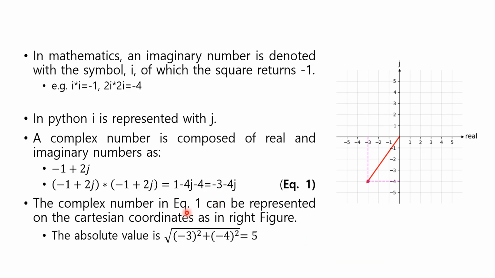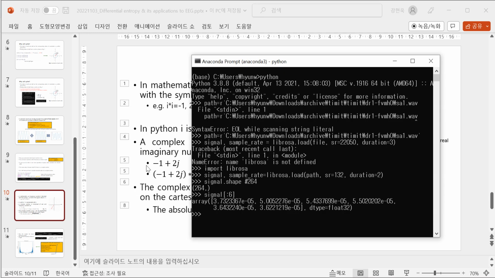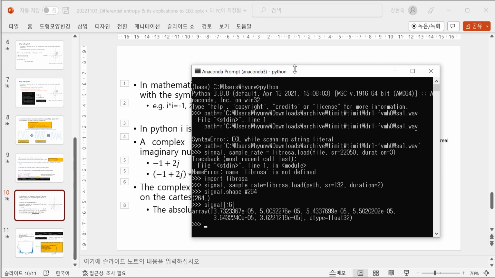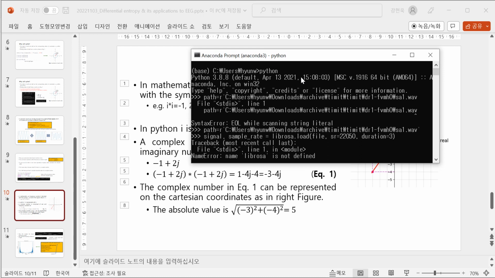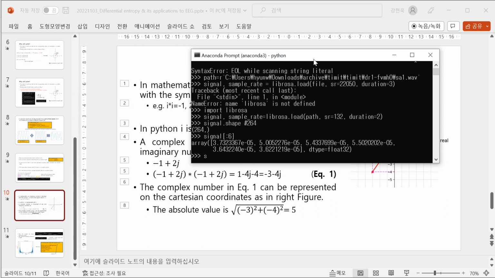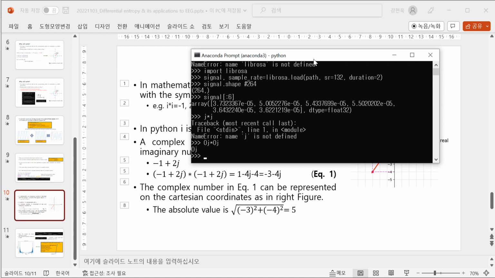As I said, in Python a complex number is represented with j, and let's see what j times j does. 0j times 0j is 0.